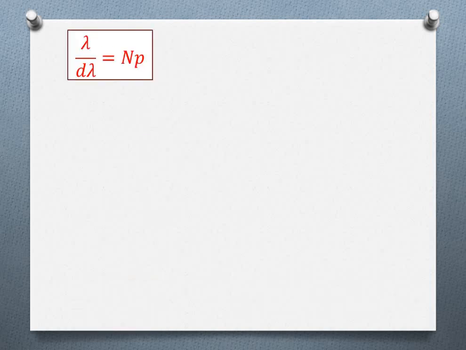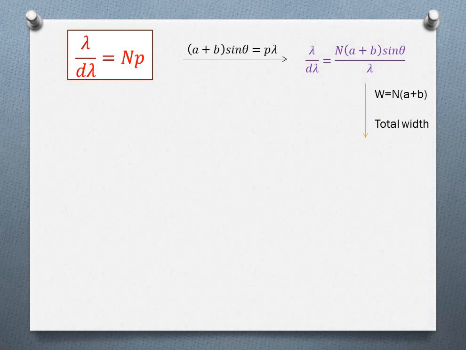If you want to rewrite this formula in another form, you use the identity (a plus b) sine theta equals p lambda, and if the total width of the grating is w, which you can obtain by n into (a plus b), then we will have another form of resolving power: lambda by d lambda equals w sine theta by lambda.